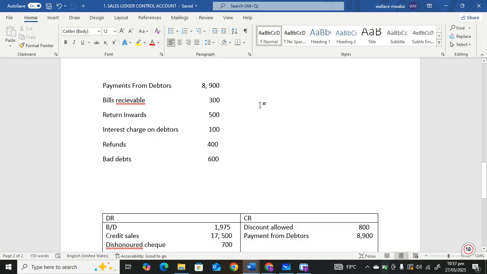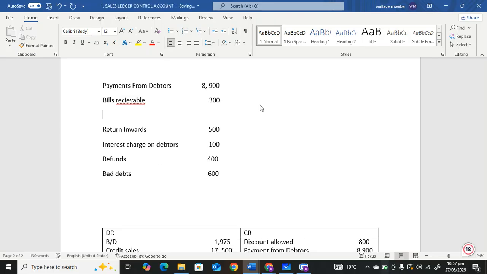You debit, instead of bank, you debit bills receivable.